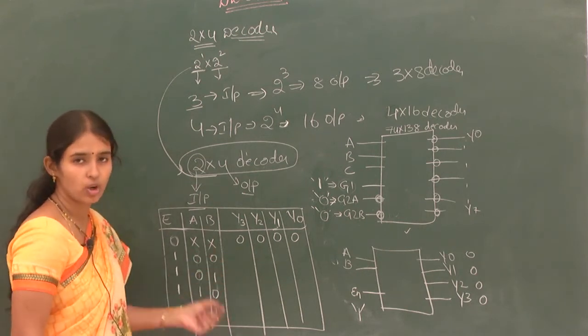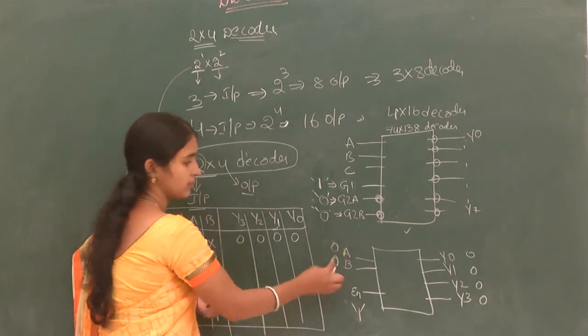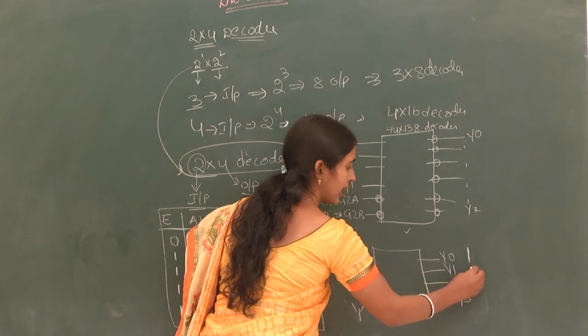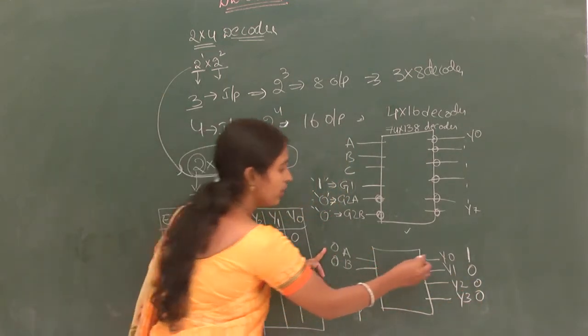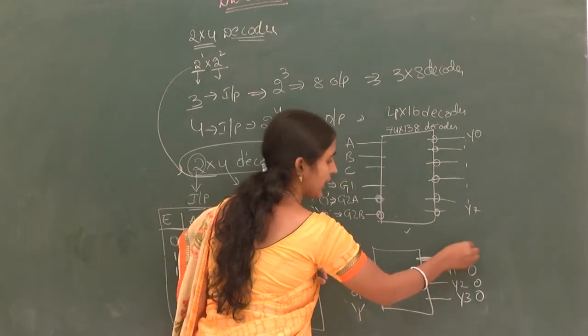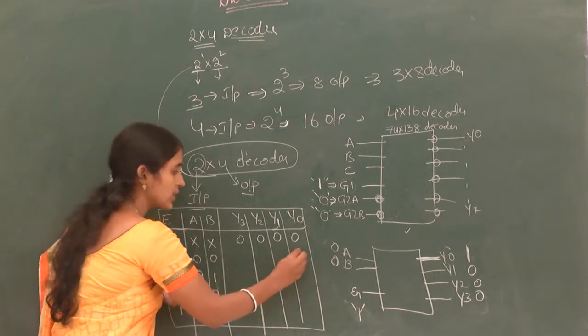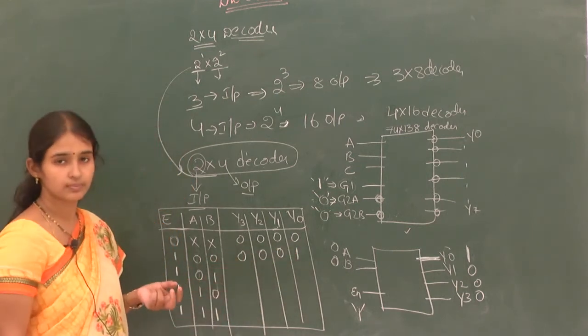There are 4 possible combinations. If I provide 0, 0 as my input, Y0 will be active high, all others will be 0. That means for one input, only one output will be active high, remaining all will be zeros.